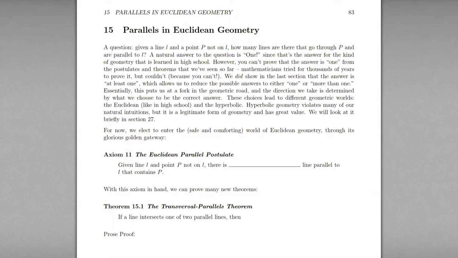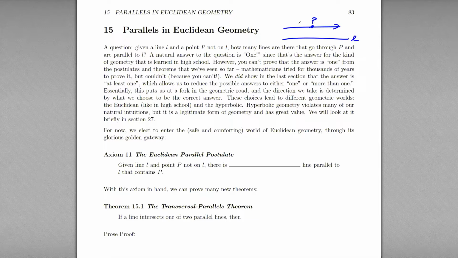And what we would like is, given a line L and a point P, that there is exactly one parallel through P that is parallel to L. And unfortunately, with all of the theorems and axioms and postulates that we have on hand so far, we cannot actually prove this.